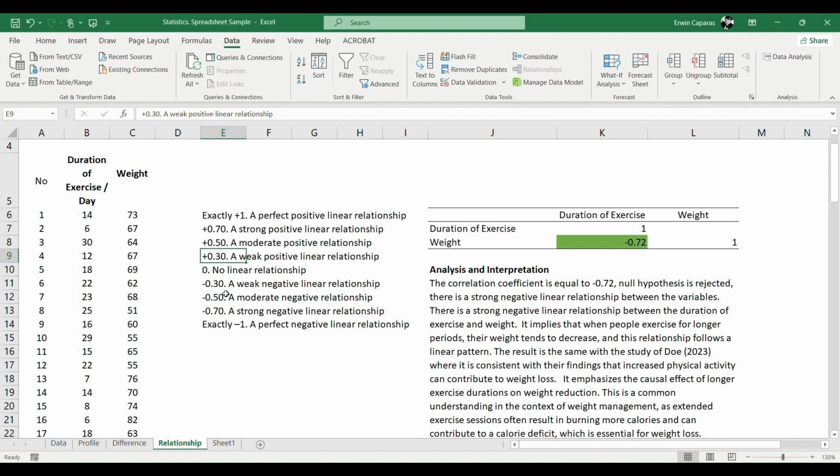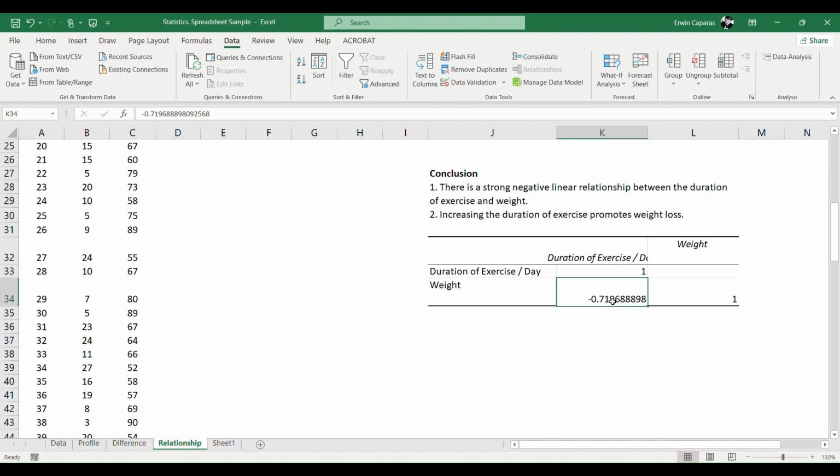If it is negative 0.30, it will be a weak negative linear relationship. If it is negative 0.5, a moderate negative linear relationship. And negative 0.7, a strong negative linear relationship. And exactly negative 1, a perfect negative linear relationship.